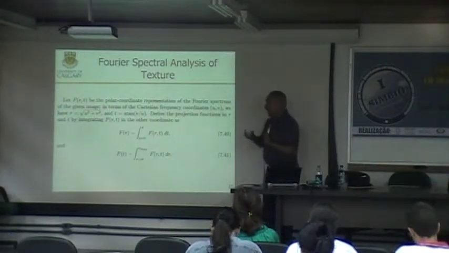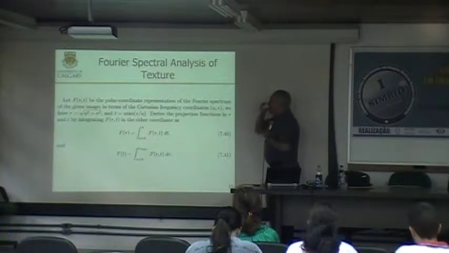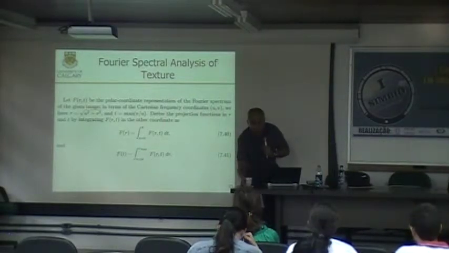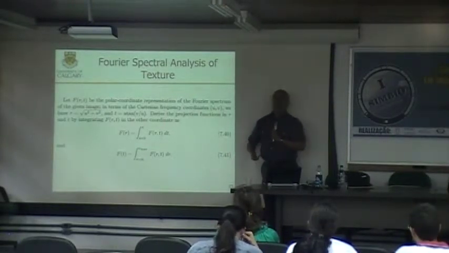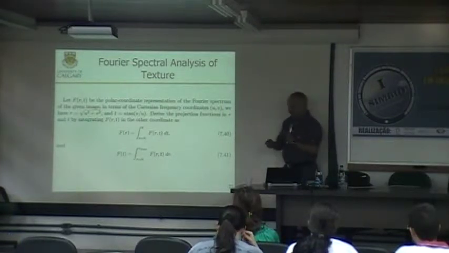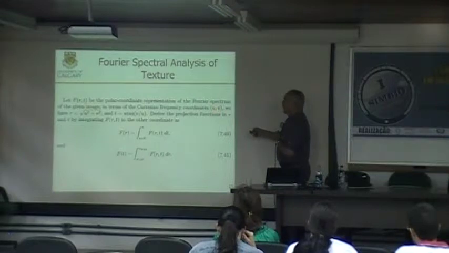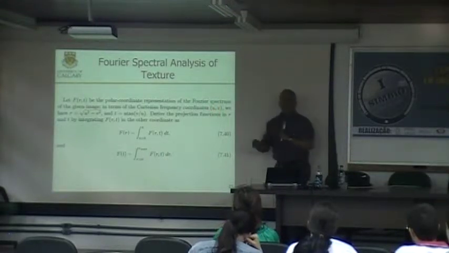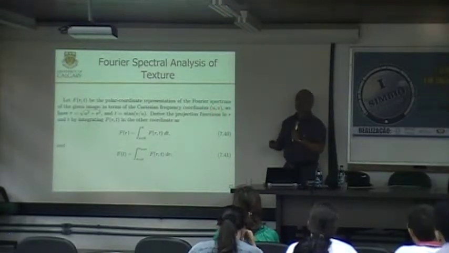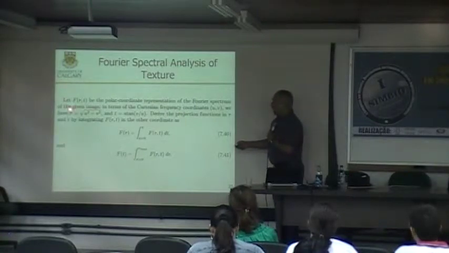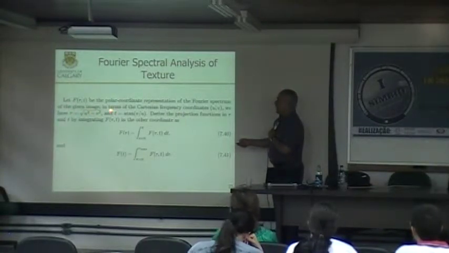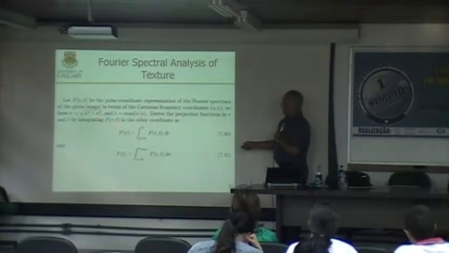So you take the Fourier transform, but instead of working in Cartesian coordinates or rectangular coordinates, u,v, the Fourier transform is F(u,v), we said let us convert to polar coordinates. r is the square root of u squared plus v squared, theta is the arctangent of v over u, we get F(r,theta).